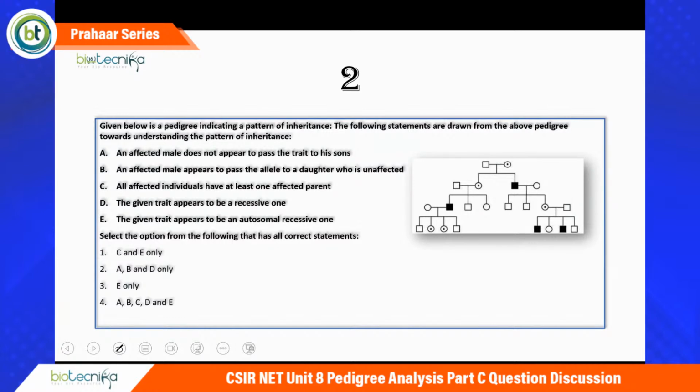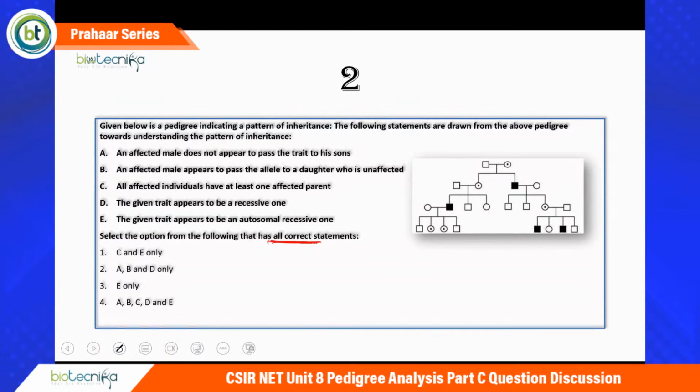Second, an affected male appears to pass the allele to a daughter who is unaffected. Third, all affected individuals have at least one affected parent. Fourth, the given trait appears to be a recessive one. Fifth, the given trait appears to be an autosomal recessive one. Select the option that has all correct statements.